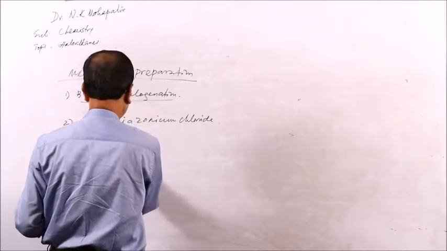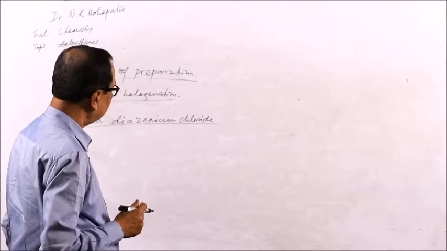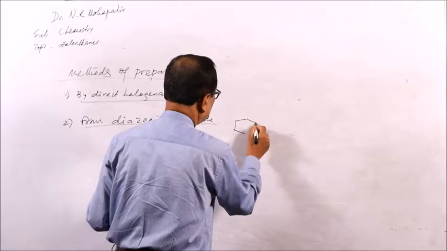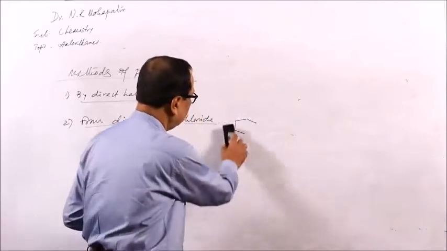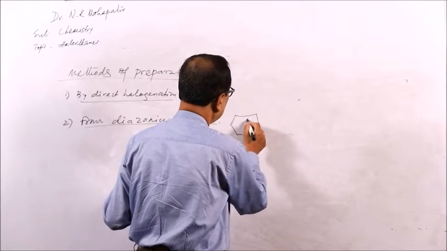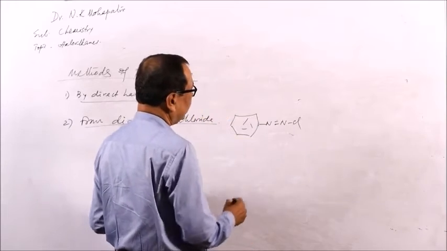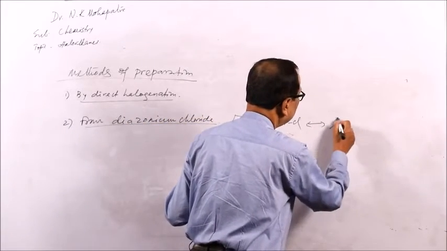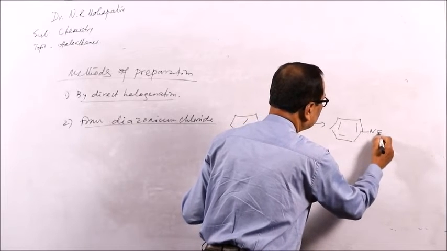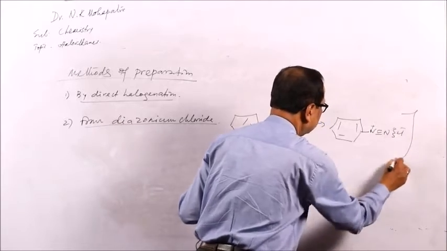Diazonium chloride is a compound like this: N double bond N Cl. Diazonium chloride is a resonance stabilized structure of two forms, one being N triple bond N plus, Cl minus.